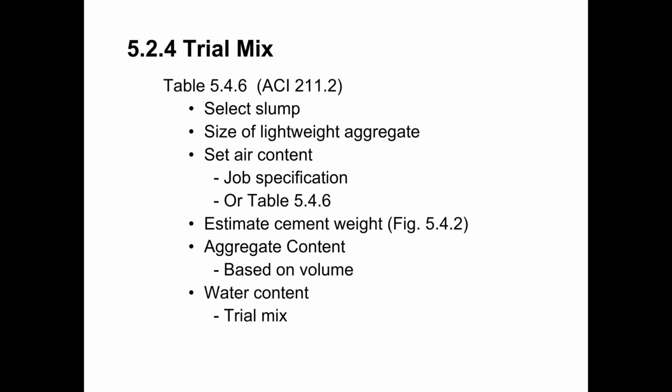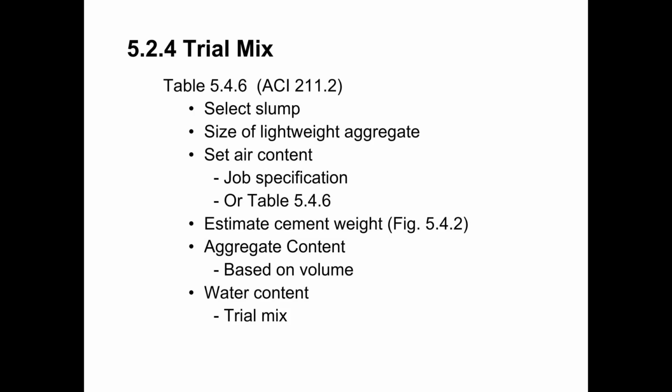If we're not accurately adjusting a lightweight mix design for the moisture content, then the yield of our mix can vary significantly. So usually if for a lightweight mix design you're having issues with yield, probably one of the first things that you should look at is how you are accounting for the aggregate moisture.